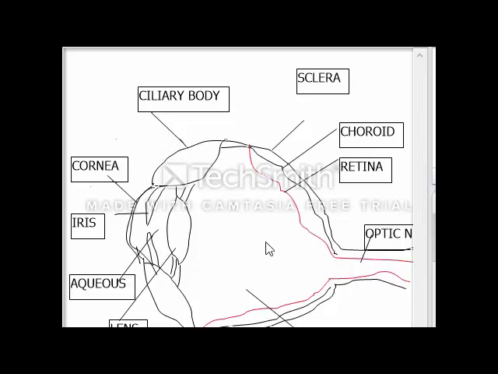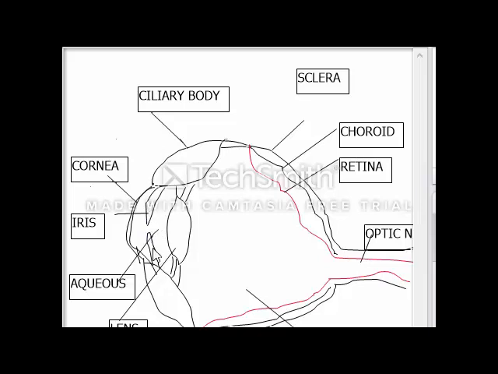Now, this eye has a crystalline lens which divides the eye into two compartments. The posterior compartment contains the vitreous humor, which is a clear gelatinous fluid. Another compartment is the aqueous humor compartment, and this compartment is divided into two by means of the iris.